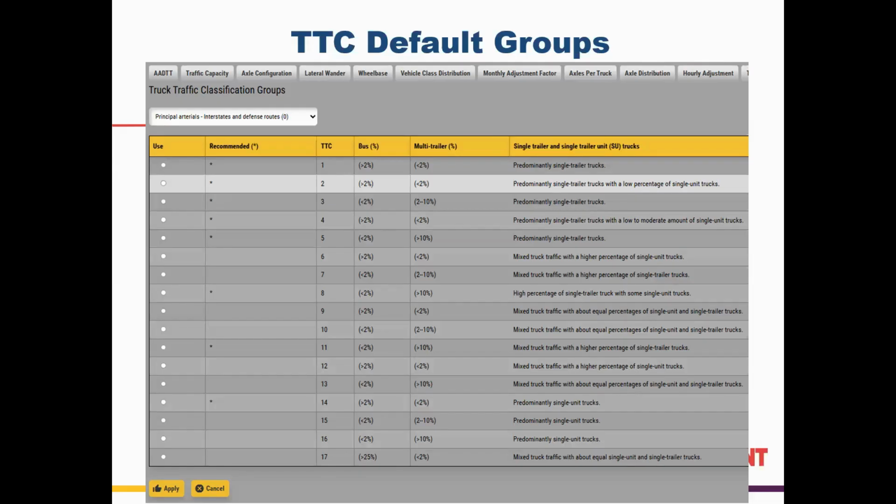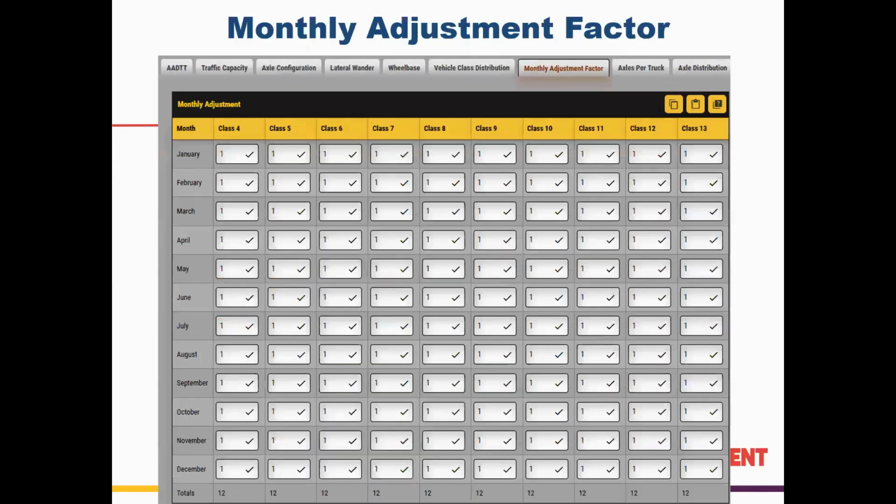And they're broken out by percentages of different classes of trucks, and this would be considered a level 3 input. Ideally, you'd like to collect your own data within a state and either do some type of clustering, grouping of that data, or even using project-specific, site-specific data. But these are always a good backup.